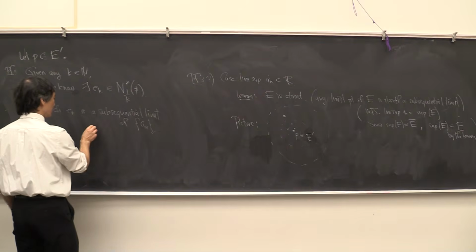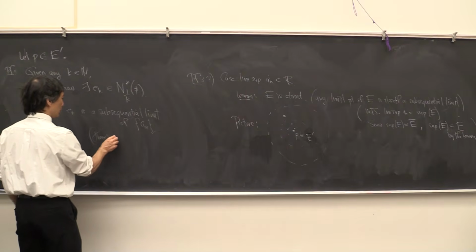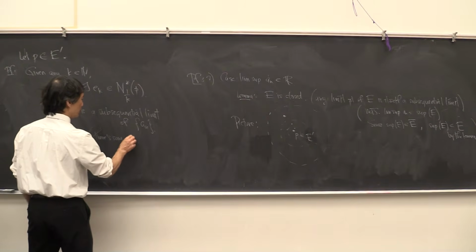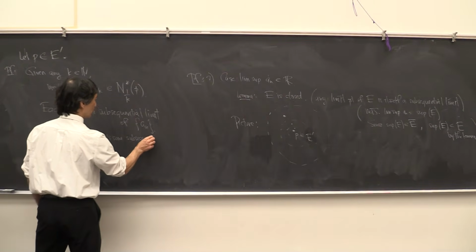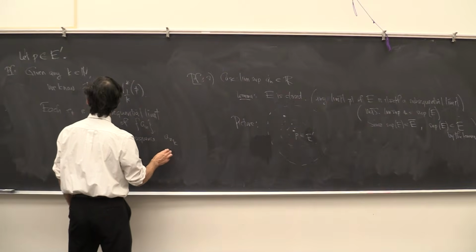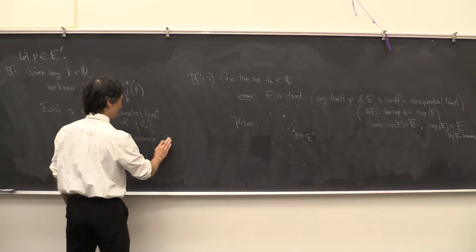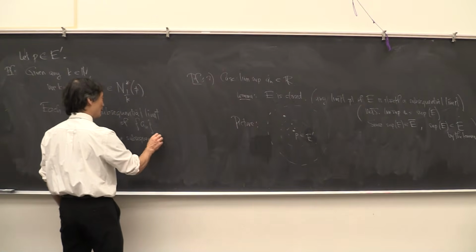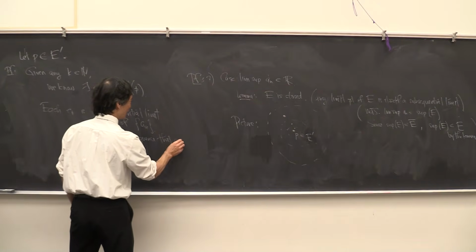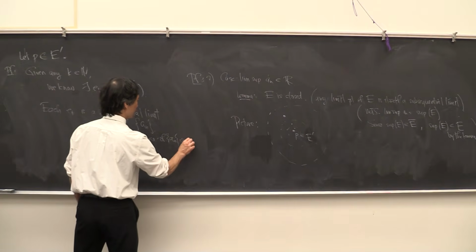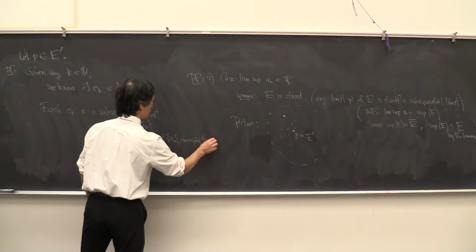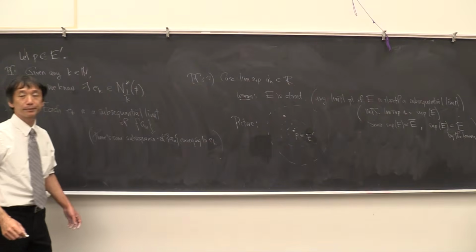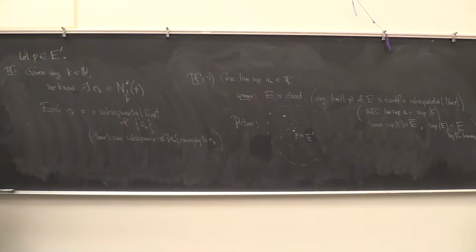So there's some subsequence a sub n sub k of the a sub n converging to e sub k.